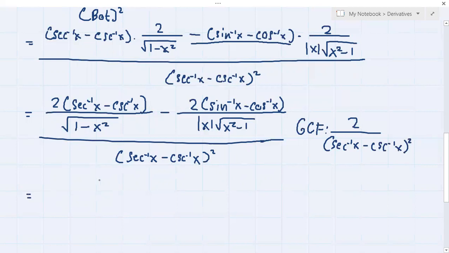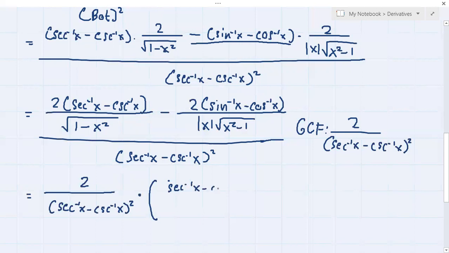So if that's the case, ganito maging resulta niya pag na-factor out natin si 2 all over the square of arcsecant x minus arccosecant x. So maging ganito na siya: 2 all over the square of arcsecant x minus arccosecant x times quantity arcsecant x minus arccosecant x. Tama ba ako?